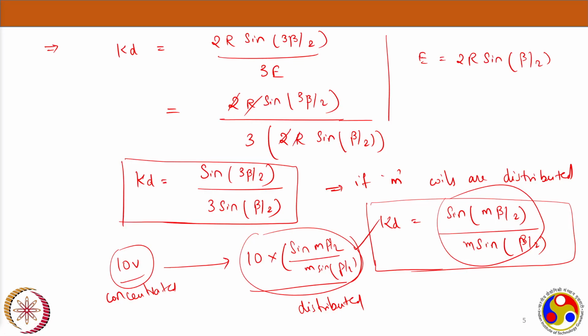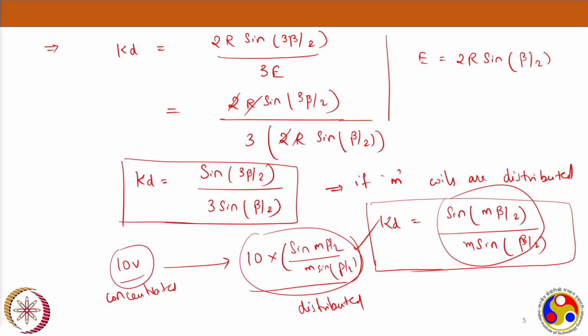So that is the factor by which you will get the voltage, and we are calling this factor KD, the distribution factor. Now m here will be the number of coils that are distributed, and usually people also say m as slots per pole per phase. We will see that in the numericals which we will solve, and the beta here will be the angle between any two consecutive slots.